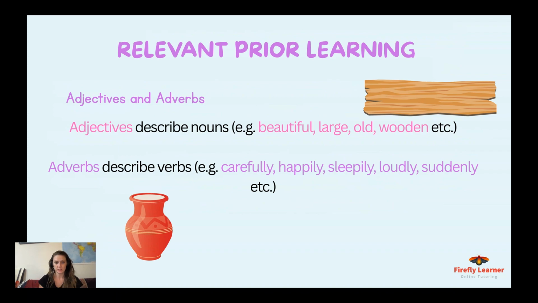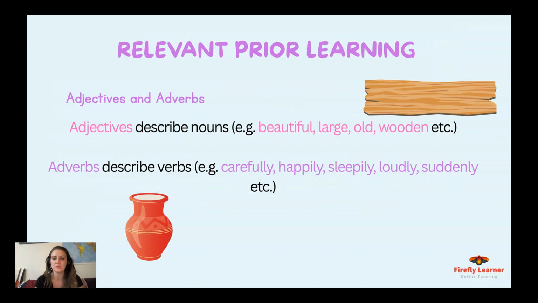Another language feature that's important to use lots of in setting descriptions are adjectives and adverbs. So adjectives describe nouns, for example, beautiful, large, old, wooden, and adverbs describe verbs. So they describe how we do something.